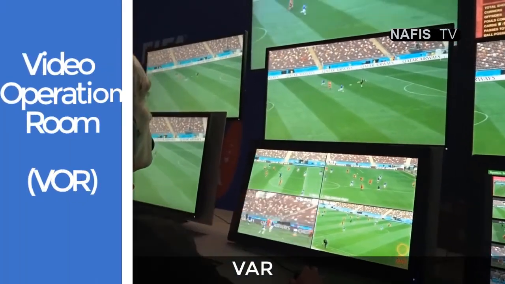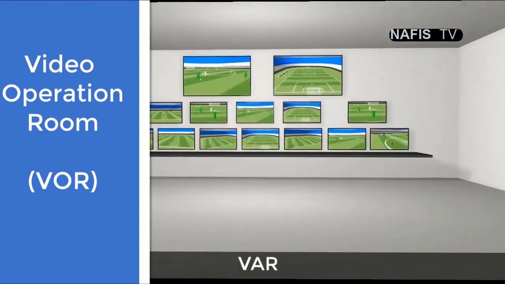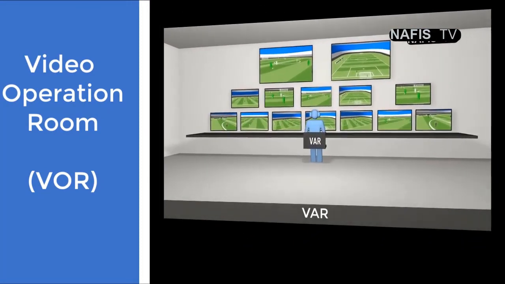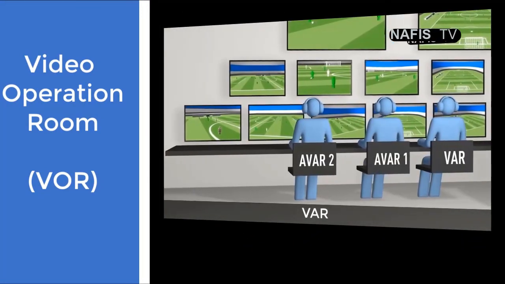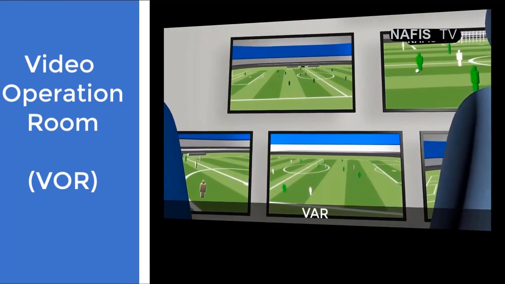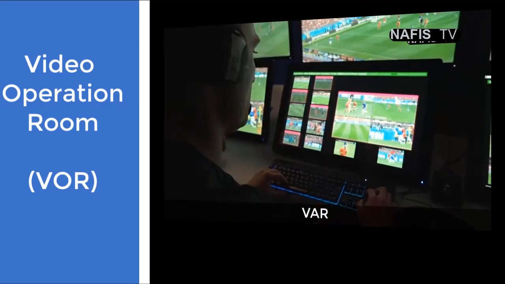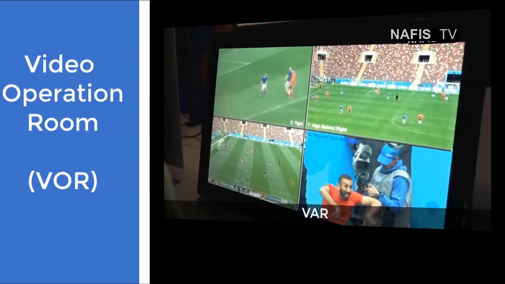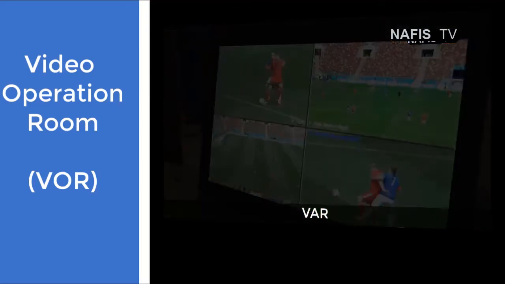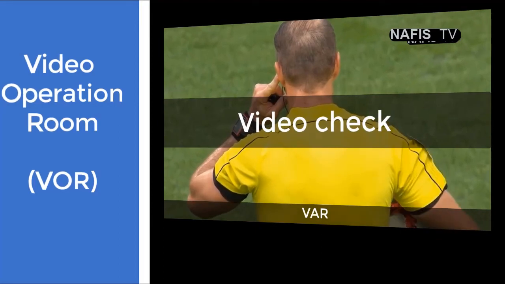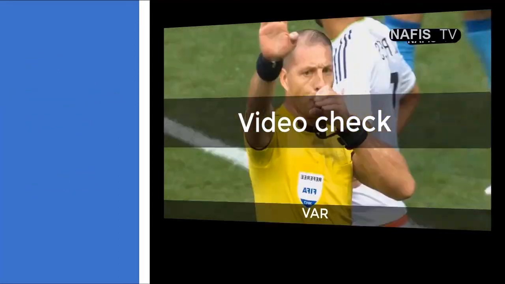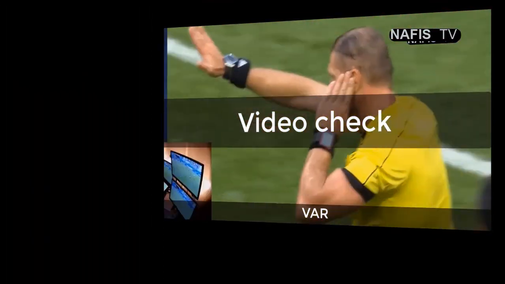Only authorized persons are permitted to enter the video operation room or communicate with the video assistant referee, assistant video assistant referee, and replay operator during the match. A player, substituted player, or team official who enters the video operation room will be sent off.